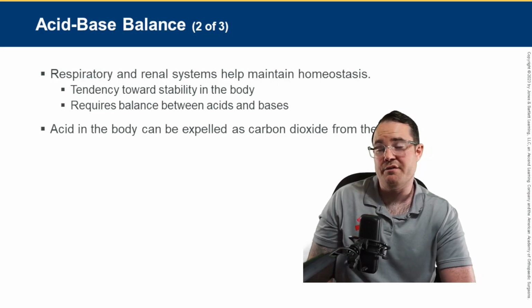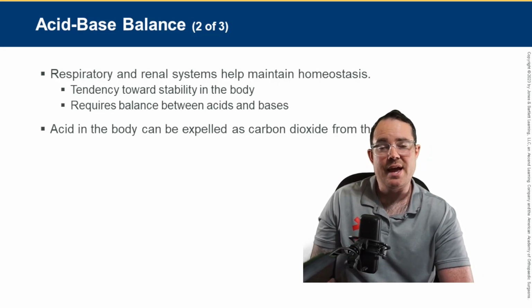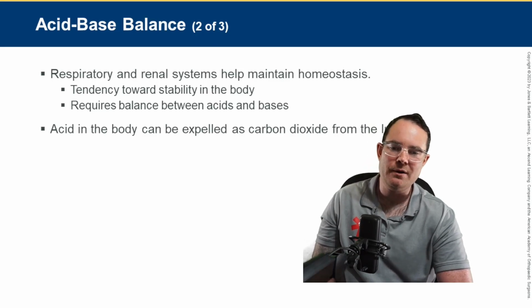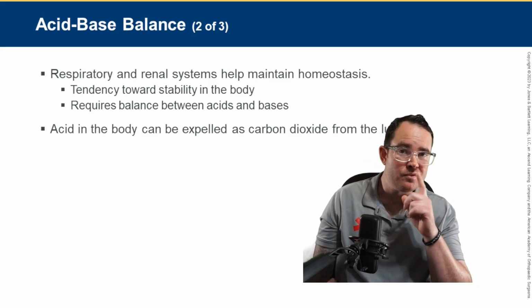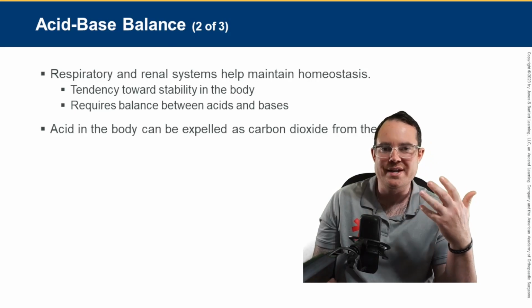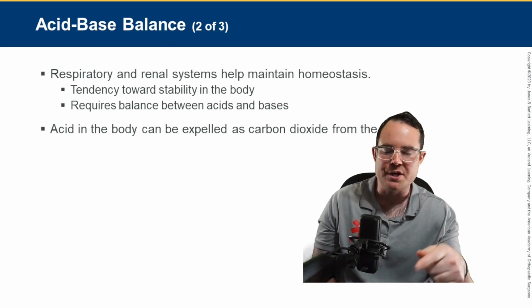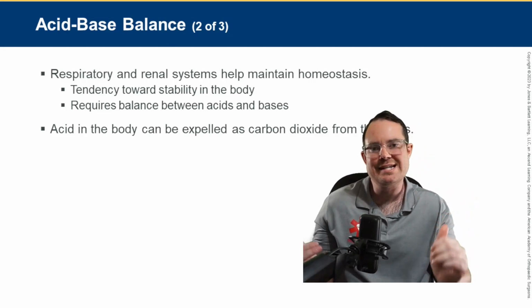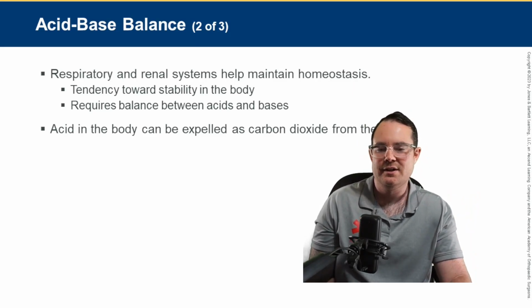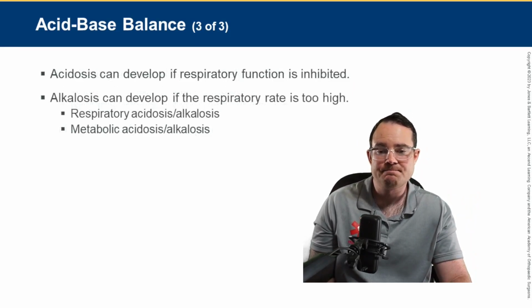My kidneys are going to do a very good job at creating bicarbonate to try to buffer this acid as well. And also, my respiratory rate can increase to try to blow off more CO2. So they're working together to try to rid of acid.